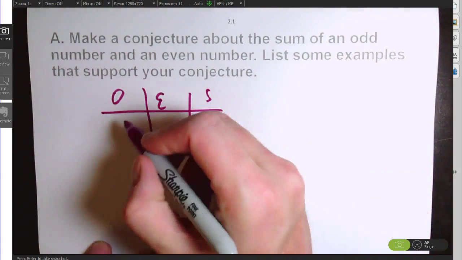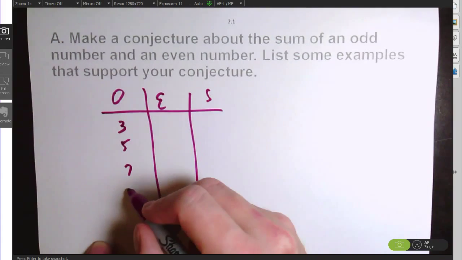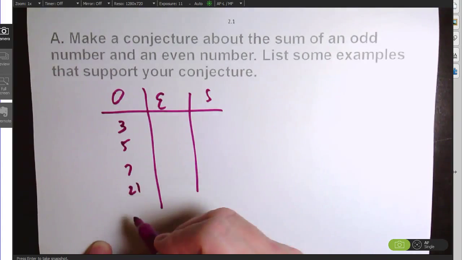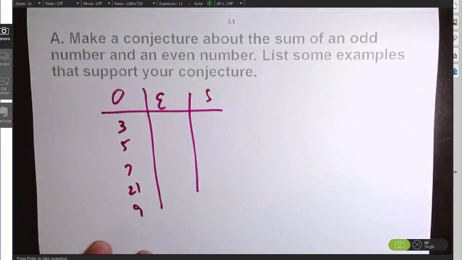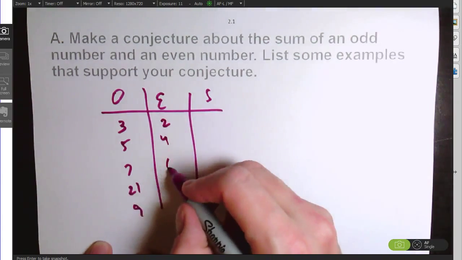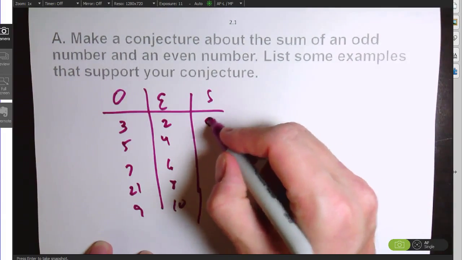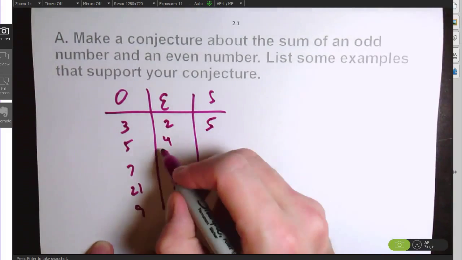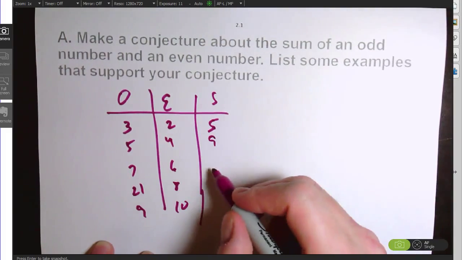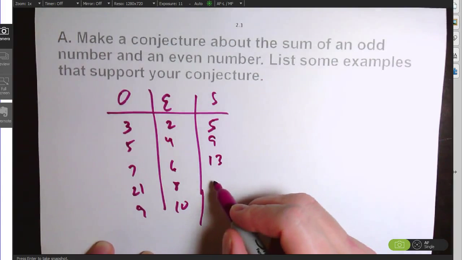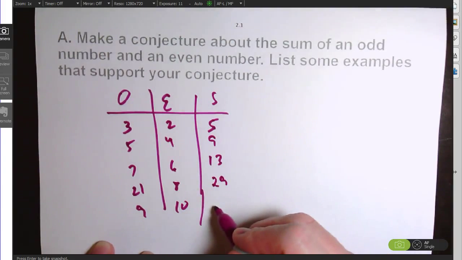So 3, 5, 7, 21, 9, I'm just making them up, and 2, 4, 6, 8, 10, let's say. So 3 plus 2 is 5. 5 plus 4 is 9. 7 plus 6 is 13. 21 plus 8 is 29. 9 plus 10 is 19.